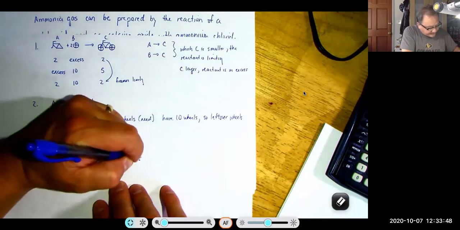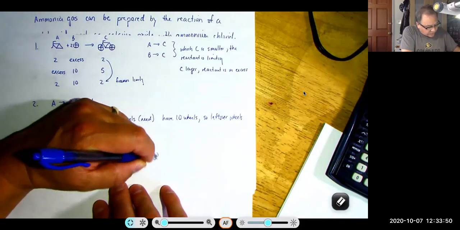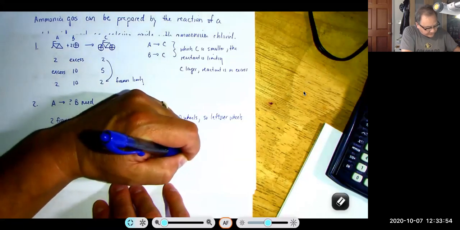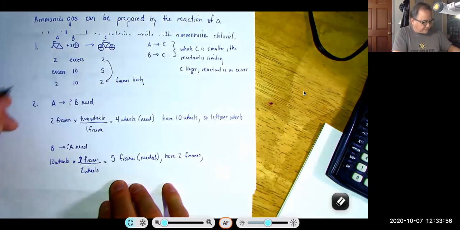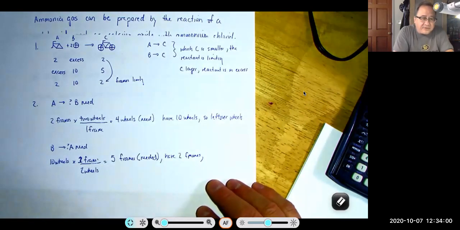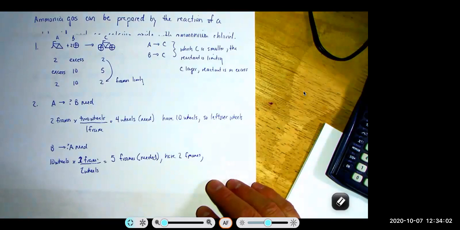That's needed. We have 2 frames. So what does that mean about the frames if we need 5 but we only have 2? Still the limiting. It's limiting.